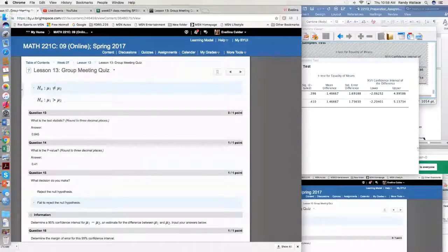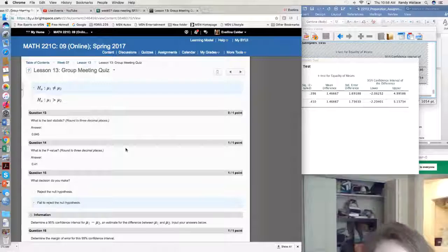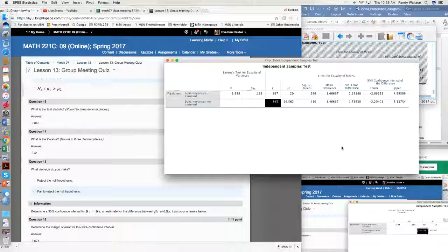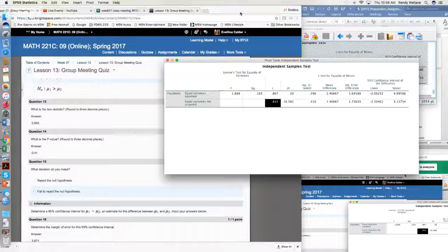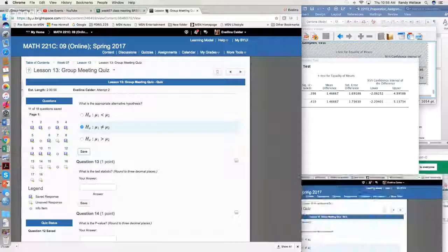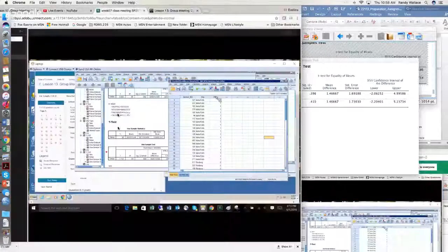I'm not really sure what to do on these last ones because it says 0.84 in the, hold on, let me check.